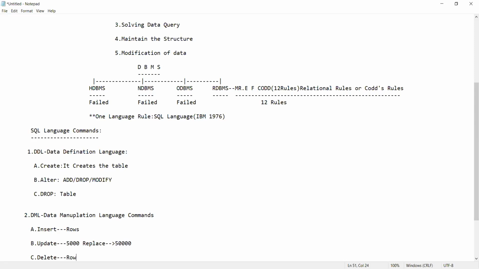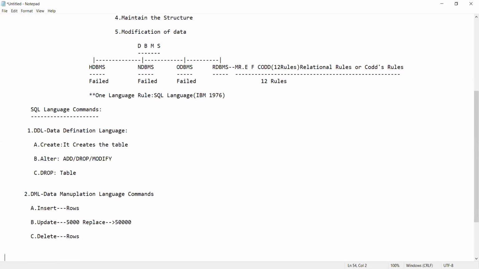And now the third command is very important. That is called DQL or DRL. It stands for Data Query Language, or we can say Data Retrieval Language.